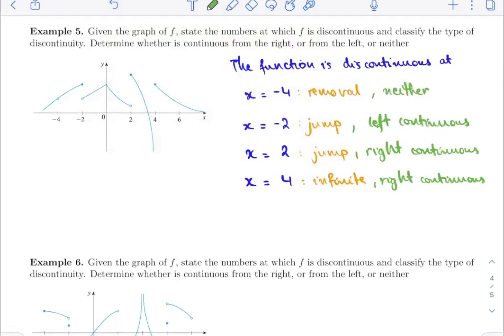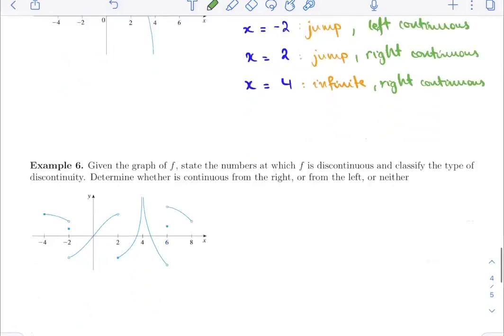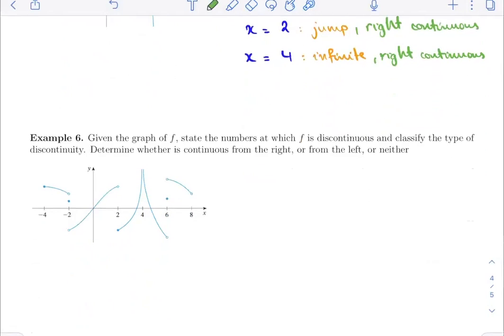With this idea, we're going to move on to another example. For this example, we have to be a little bit careful because the endpoints are not at infinity anymore. The graph stops at -4 on the left and at 8 on the right-hand side.